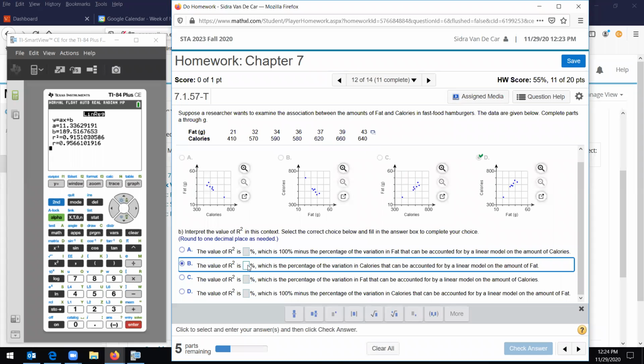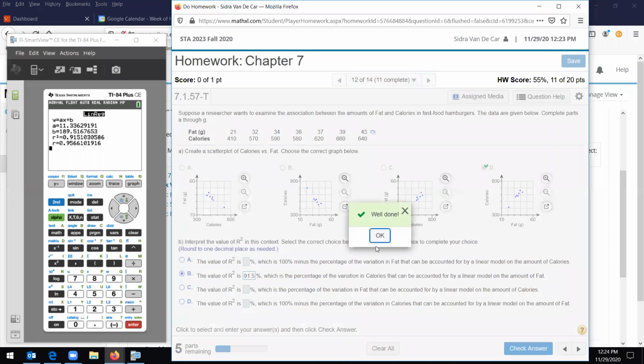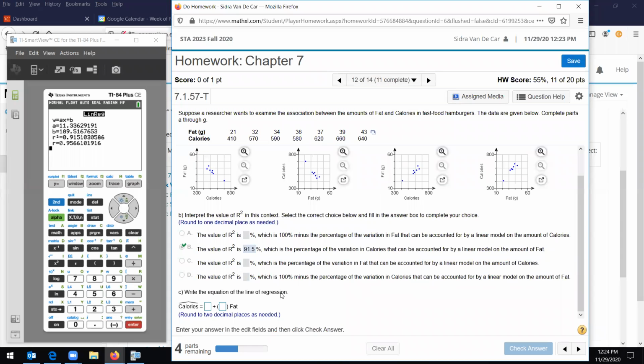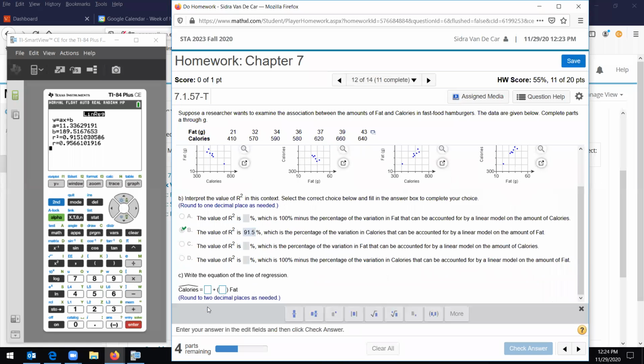So 91.5. I'm getting that right here for the R squared. Write the equation. So our intercept is the B, 189.52.